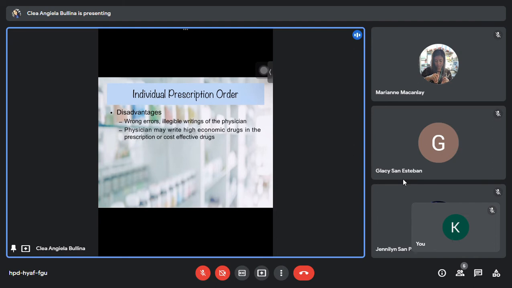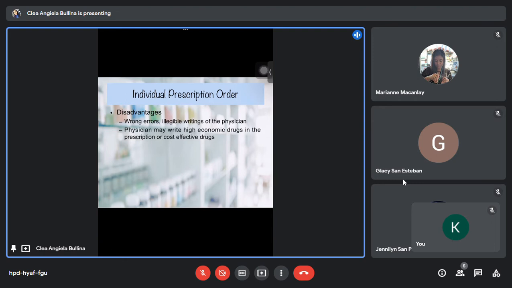Okay? So, physician may write a high economic drug in the prescription or cost-effective drugs. Okay? So, one of the disadvantages is freedom si physician magsulat sa iyahang drugs. So, most of the time, basig ang gusto ni Doc katong mahal ba? Or what if dili available sa market? Sa hospital mismo.